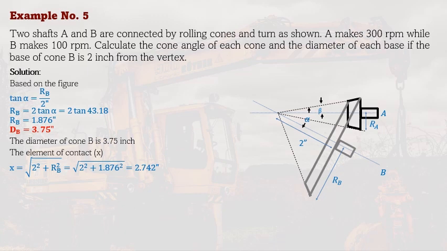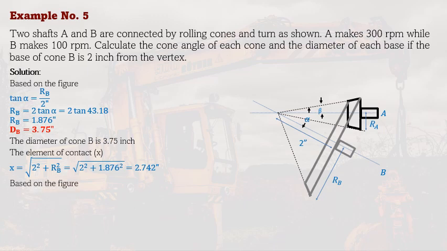This is the element of contact X. So if we analyze the figure, we can get the element of contact X by using a Pythagorean relationship between the radius of B and the value 2 here. And that is equal to 2.742 inch. So the element of contact X, or the line of contact, is 2.742 inch. So again, this is the line of contact of the two cones.